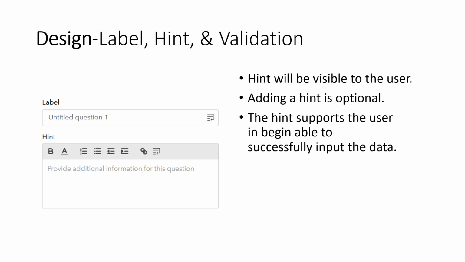Having the hint there will be useful so that they know you should be taking out the pH probe. You're going to get a number between 1 and 14. Only input that number. Very simple. Without the hint, you're hoping that they remember all the directions or the directions that are posted. So the hint is useful for a lot of these different questions, especially when you're doing data collection.